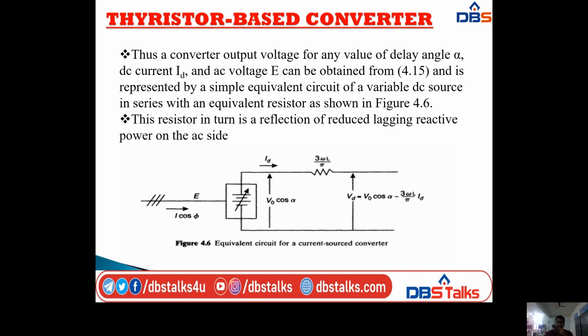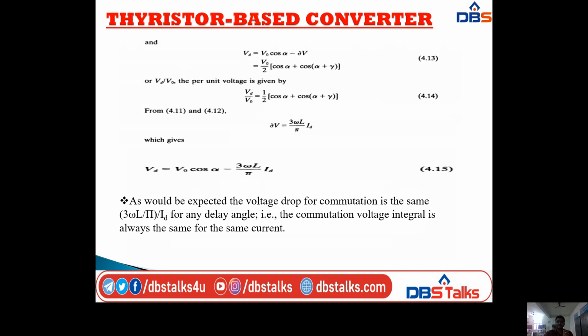Next, a converter output voltage for any value of delay angle alpha, DC current Id and AC voltage E can be obtained from the previous equation, that is Vd is equal to V naught cos alpha minus 3 omega L by pi into Id.